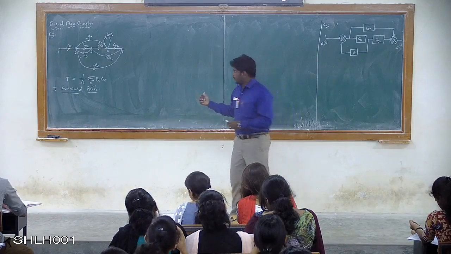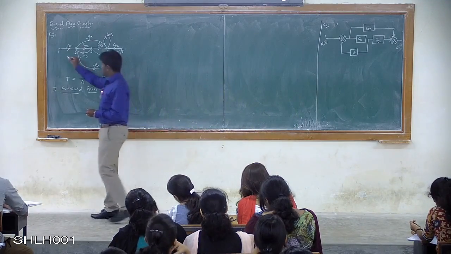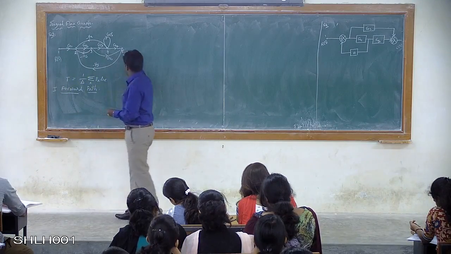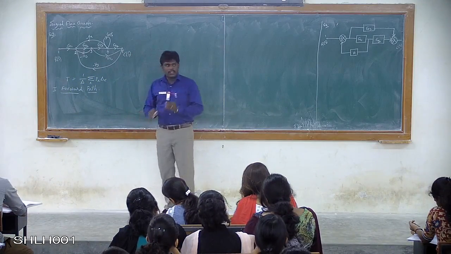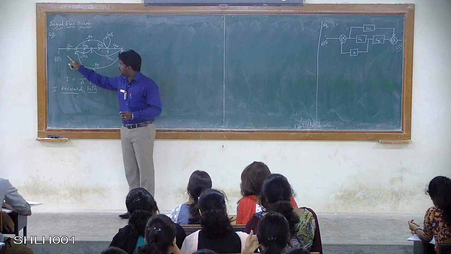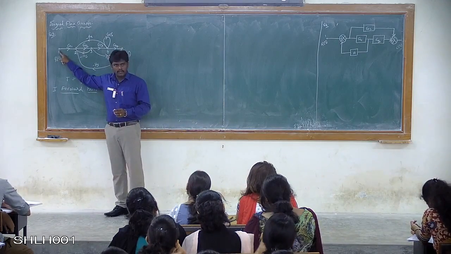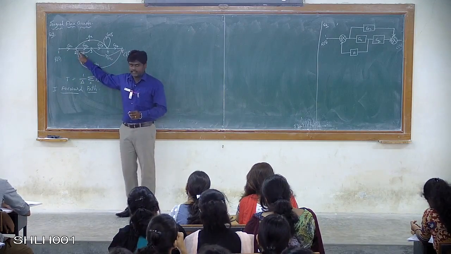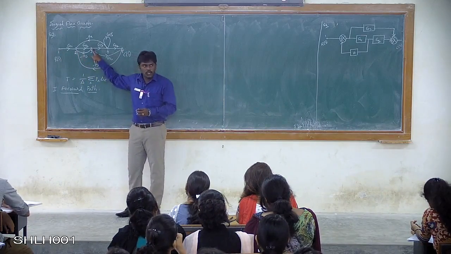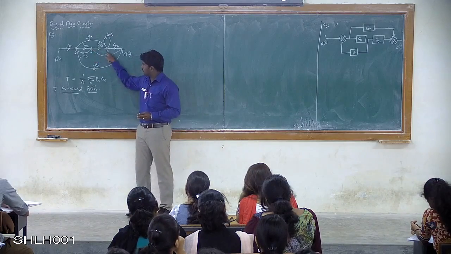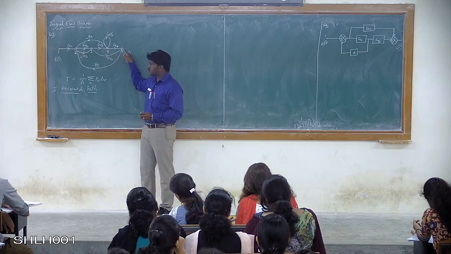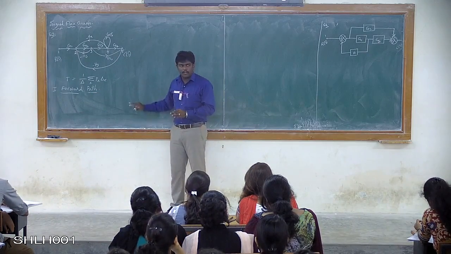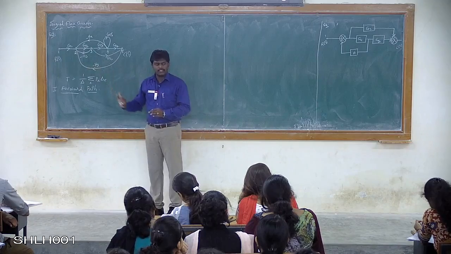We have node number 1, which is R of S, and node number 5, which is C of S. A forward path has to start with node number 1 and go in the forward direction: 1 to 2, then 2 to 3, then 3 to 4, then 4 to 5. We will have to find many forward paths in the given signal flow graph.